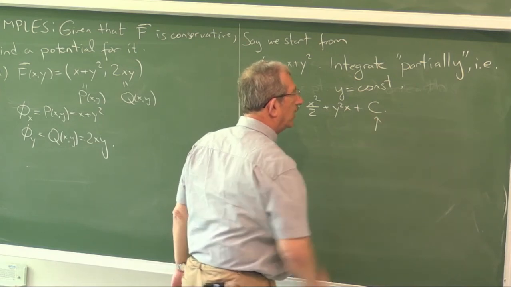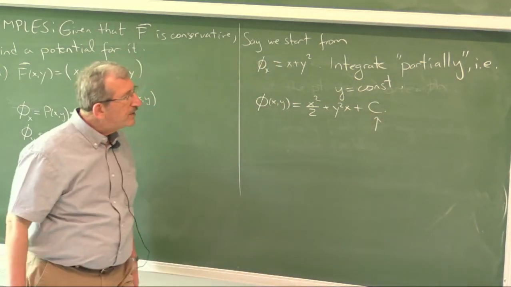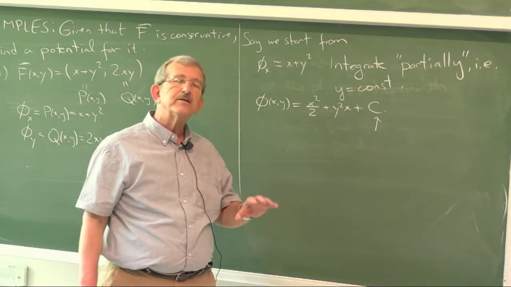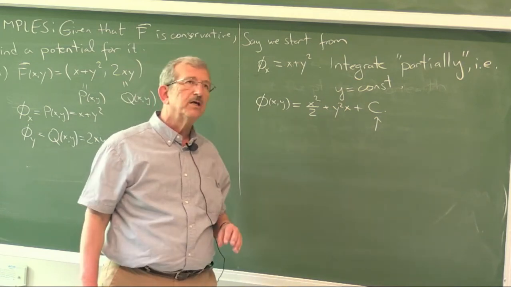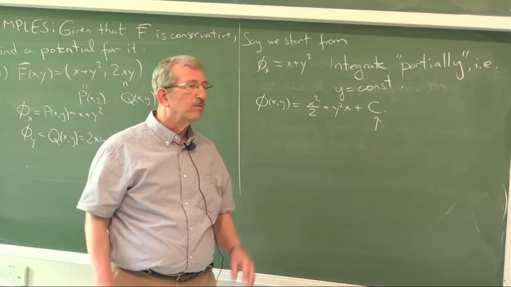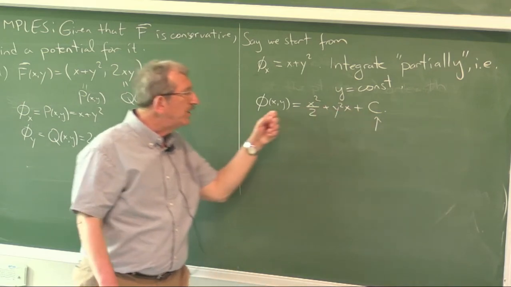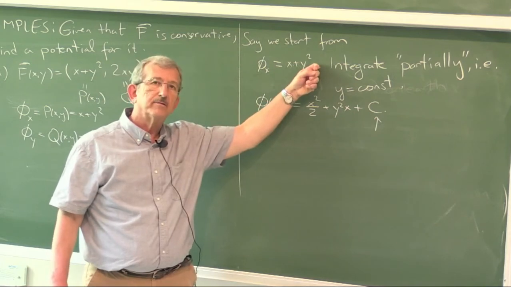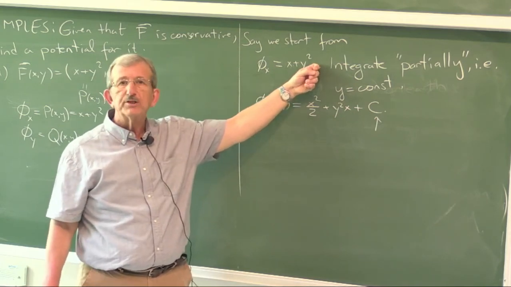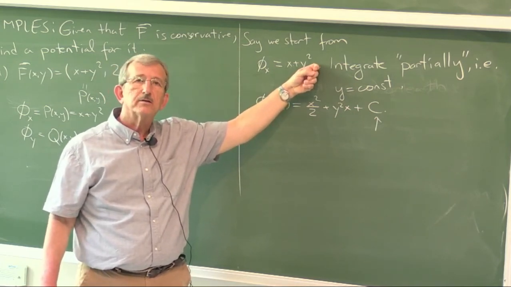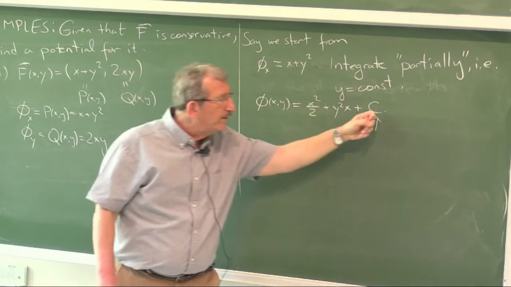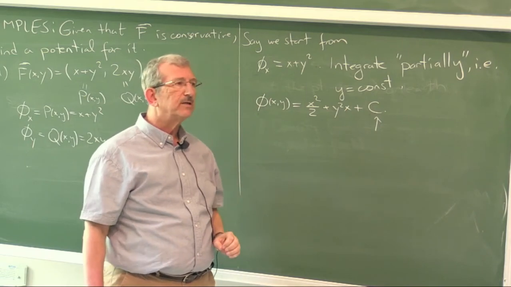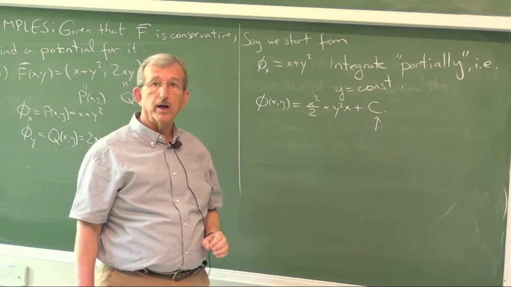Now, if this constant contained a y in it, for example, if c was y cubed, when we differentiate with respect to x, we wouldn't see it here, because its derivative would be 0 with respect to x. So this c may not be an ordinary constant, but it can be a function of y.